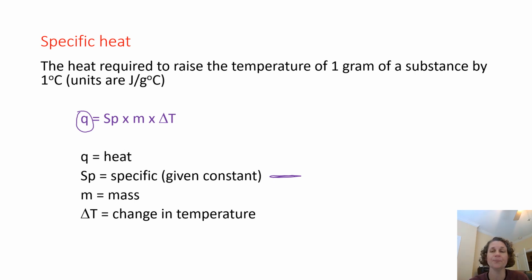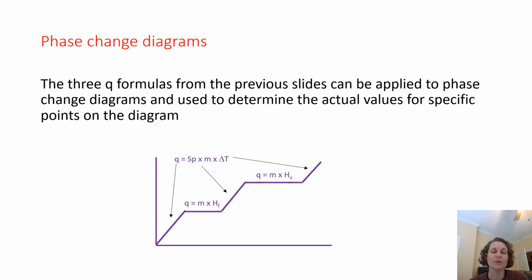Now, if you recall, back a few units ago, we had this graph. This is a phase change diagram. The Q formulas that we just talked about correspond to different segments on the warming curve in this case.